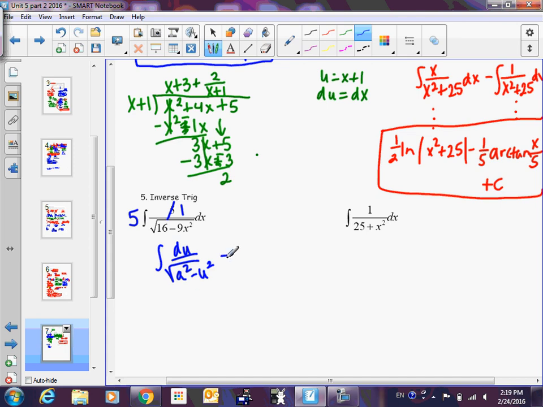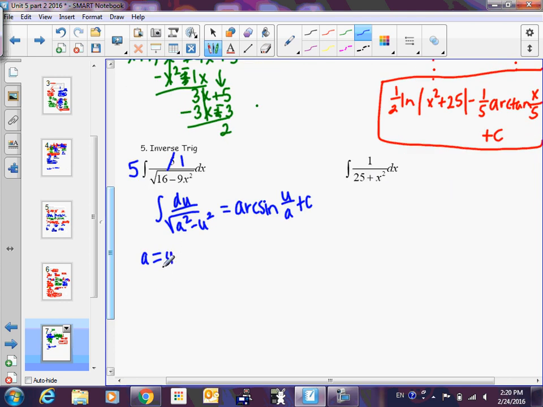Because this right here equals arcsin of u over a plus c. So what you got to do here is figure out what's a, what's u, what's du, and then work the problem from there. So what is a? 4. What's u? 3x.